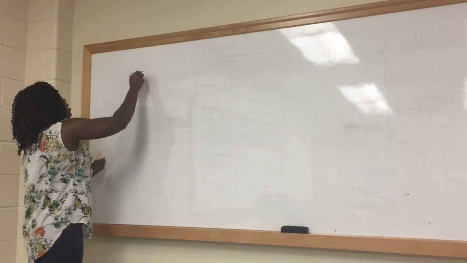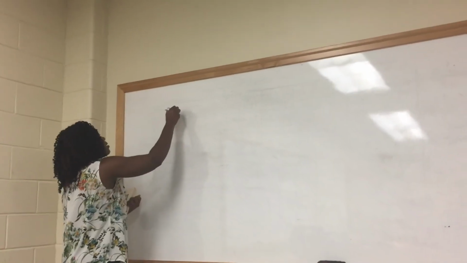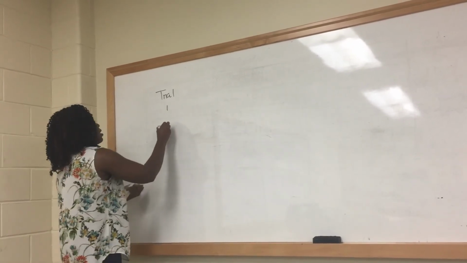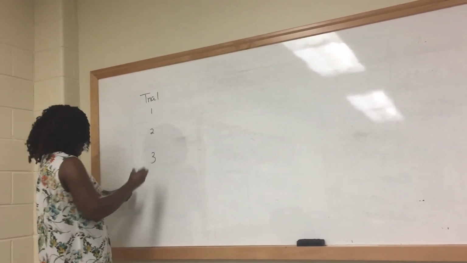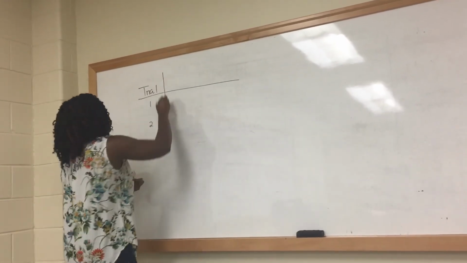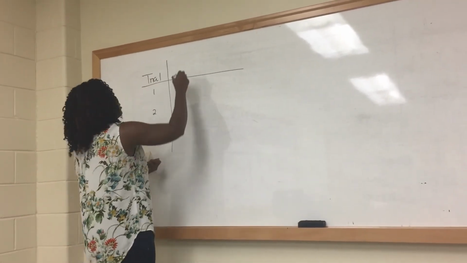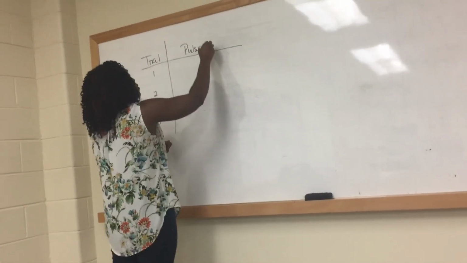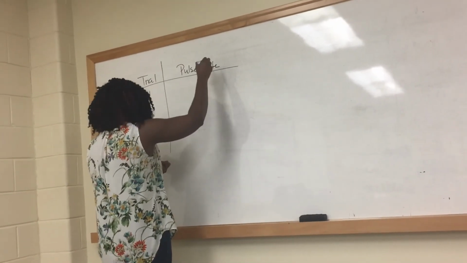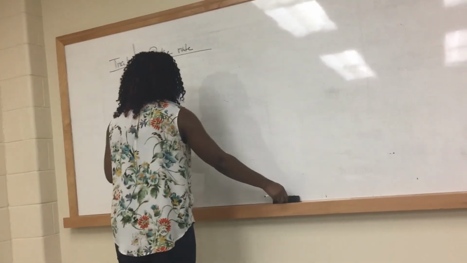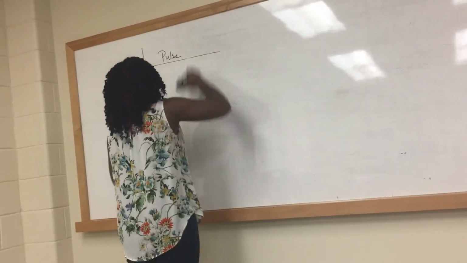So here we have trial 1, trial 2, and trial 3. And then here you will put pulse rate, or pulse per minute, which is the same thing as pulse rate.